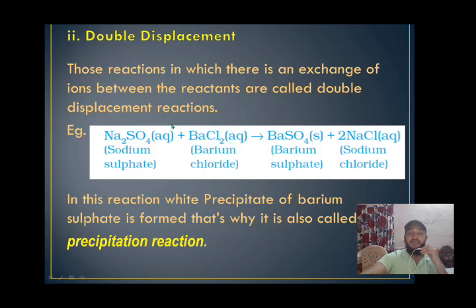Here exchange of ions takes place, meaning the place of barium is taken by sodium and the place of sodium is taken by barium, resulting in formation of barium sulfate plus NaCl. This reaction you have already balanced in your assignment.